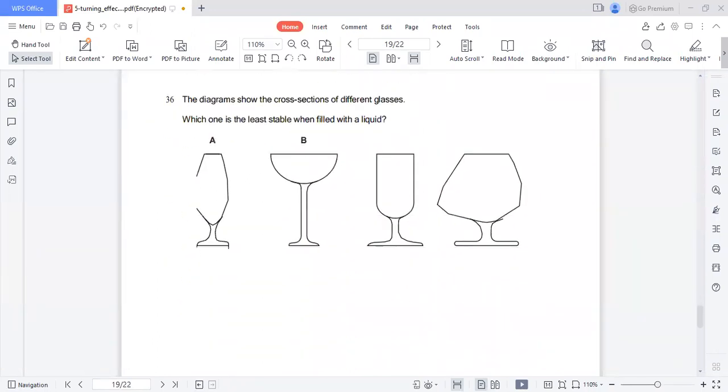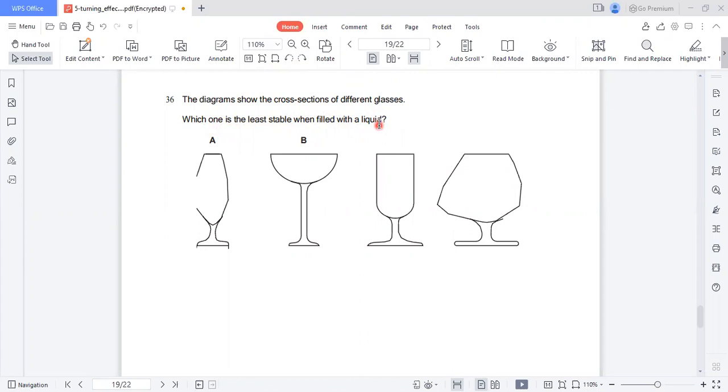Number 36. The diagram shows the cross sections of different glasses. Which one is the least stable when filled with liquid?